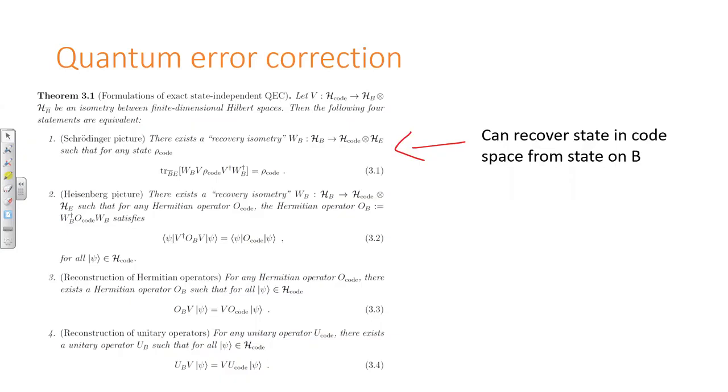So there's an isometry that undoes the noise of losing access to big B bar and gets you back the original state. This is the textbook definition of a quantum error correcting code.